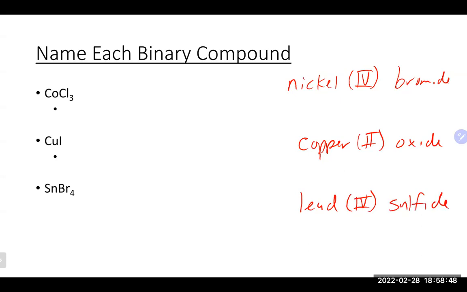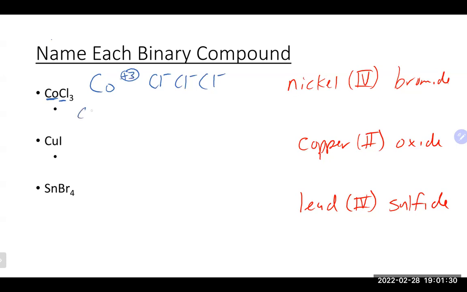All right, names on the left, formulas on the right. We have Co, which is a metal, and Cl, which is a non-metal. We look at the Co and find it in the transition metal region. That should automatically tell us it's type 2. We may not know what the charge is on the cobalt, but I do know that Cl is -1 and there are 3 of them, which means that my cobalt needs to be +3 to balance it out.